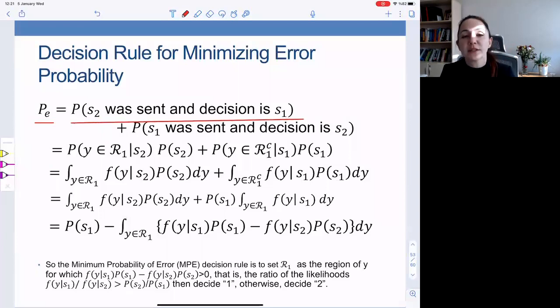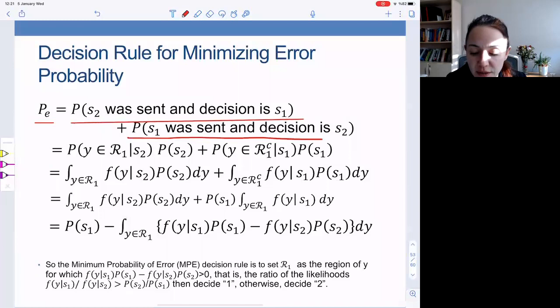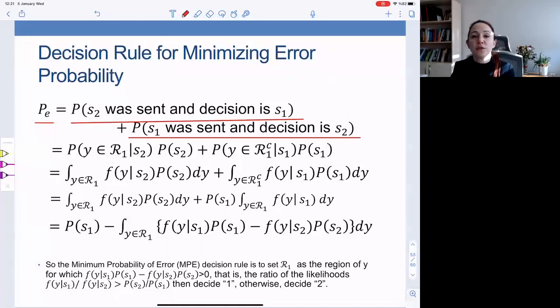S2 was sent, and we decide that S1 was sent. Or S1 was actually sent, and the decision is S2. These are the two possible error events. They are disjoint events, so we can add their probabilities to find the total probability of either of these events happening. So this is the probability of error.